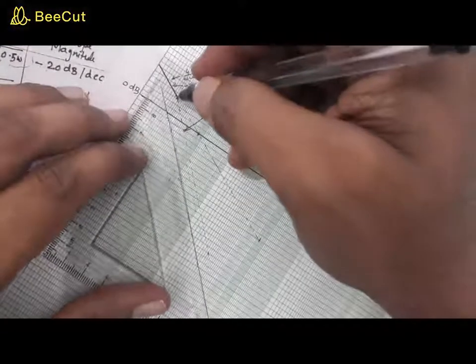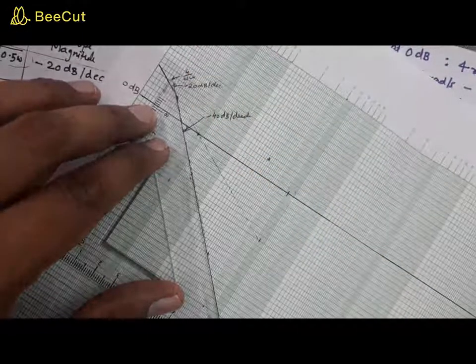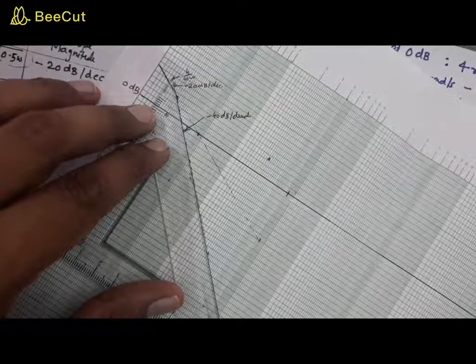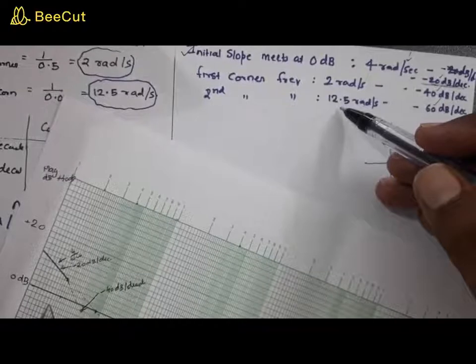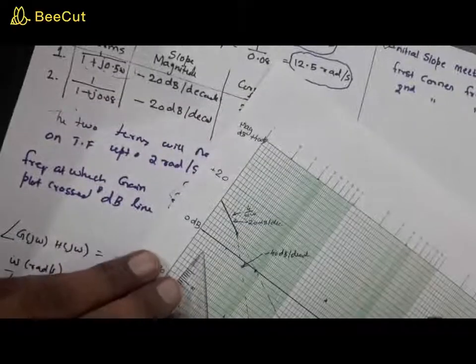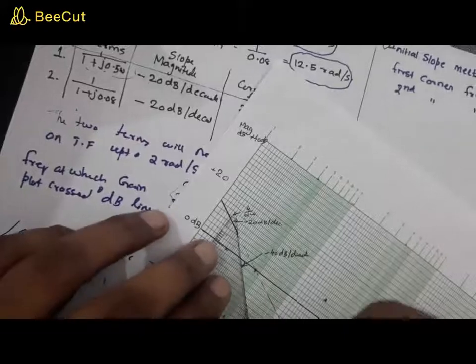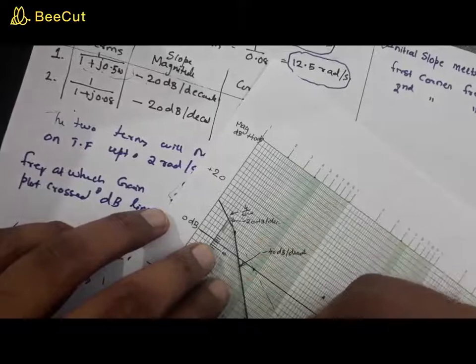So you can have the dark lines. You can darken this up to which point you can. Anyway, what must be your next corner frequency? Look at the corner frequency. That is 12.5 radians per second. So anyway, without any hesitation, you can move up to this point, over this line. Why?